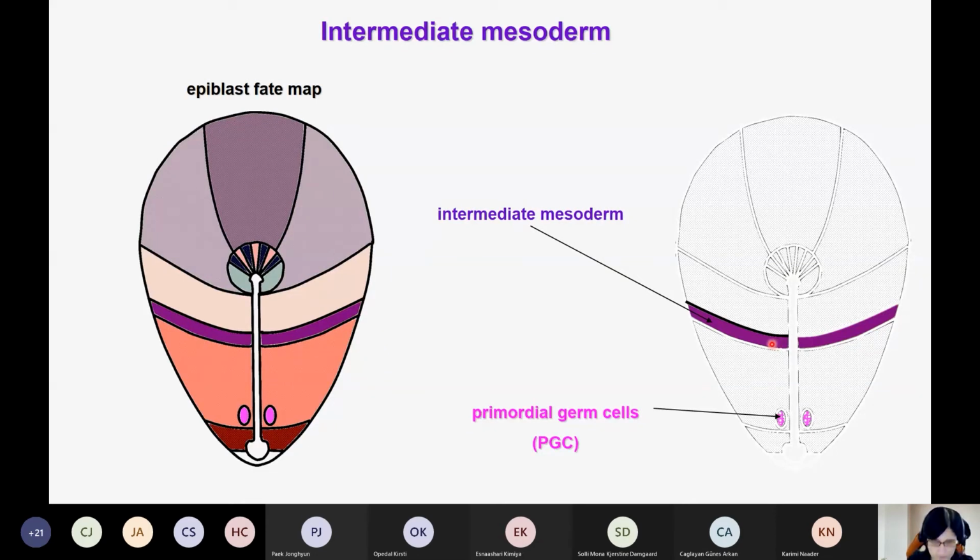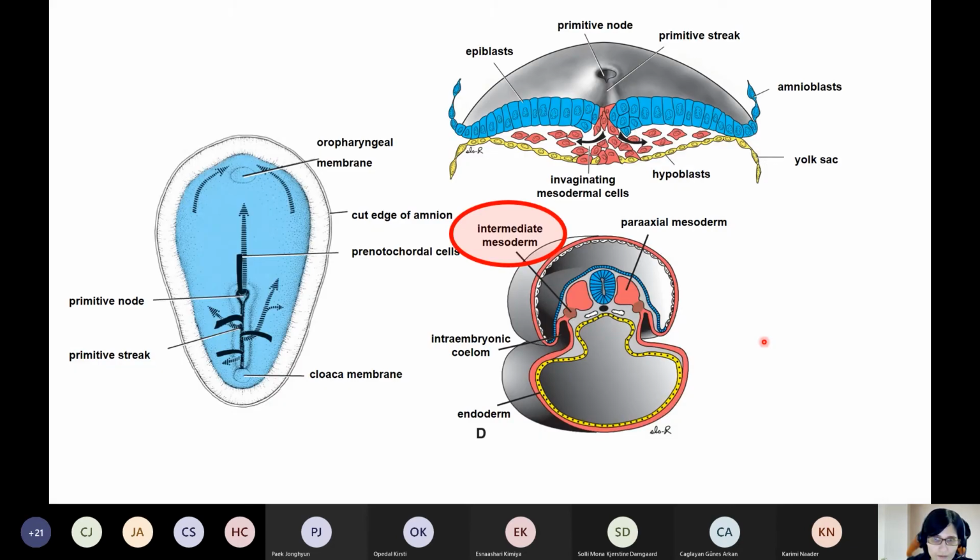Here, in this case, you see also the epiblast. And then here we see the process of the gastrulation. In case of the gastrulation, during the third week of the development, the epiblast cells will migrate through the primitive streak, as it is visible also here.